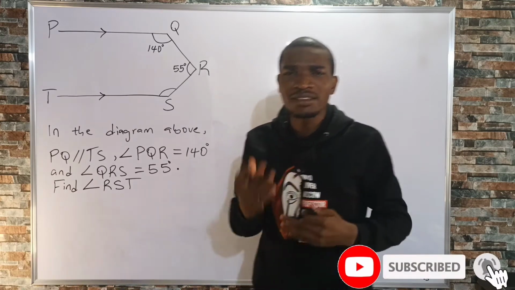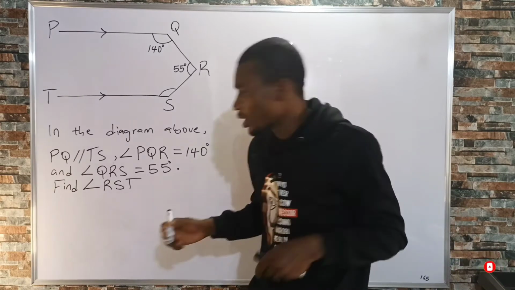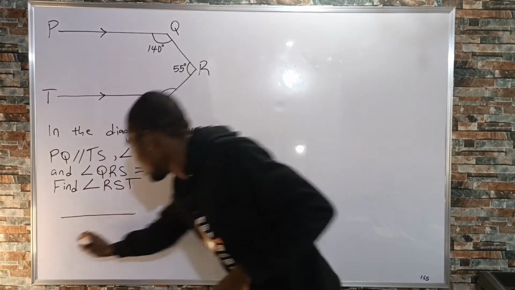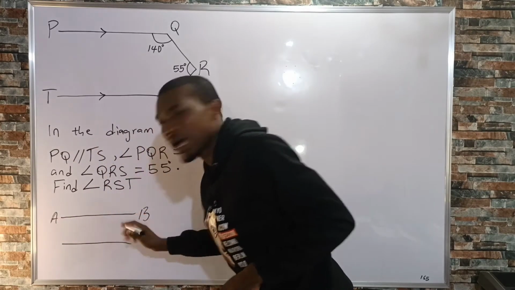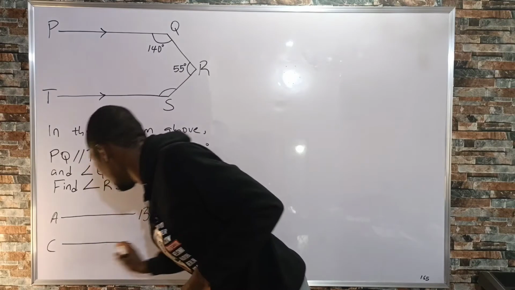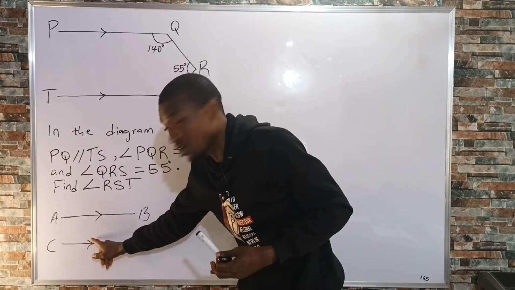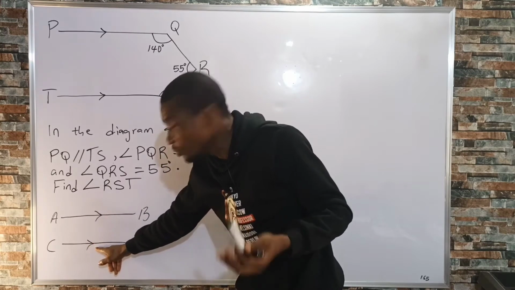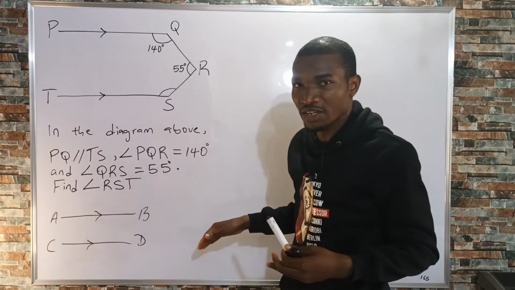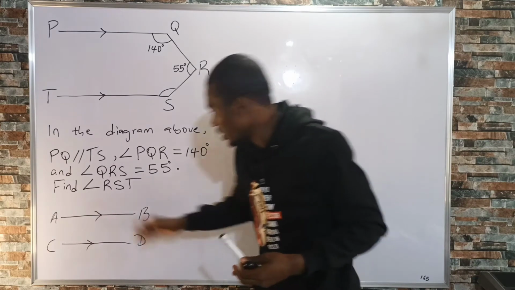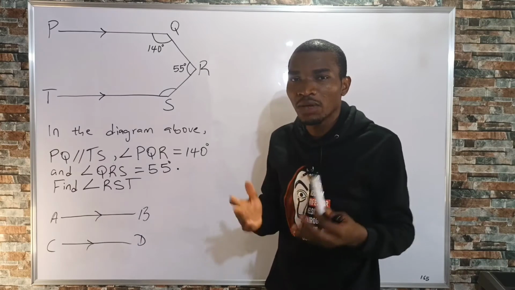What do we mean by the term alternate angle? It is very simple. Let's assume we have two lines, line AB and line CD. These two arrows simply show that line AB and line CD are moving in the same direction, and because they do not touch each other, we refer to them as parallel lines.